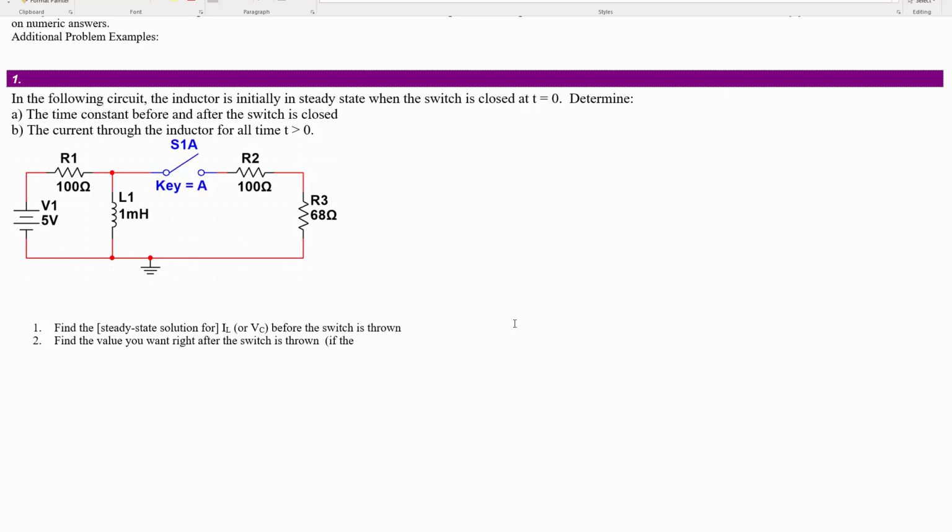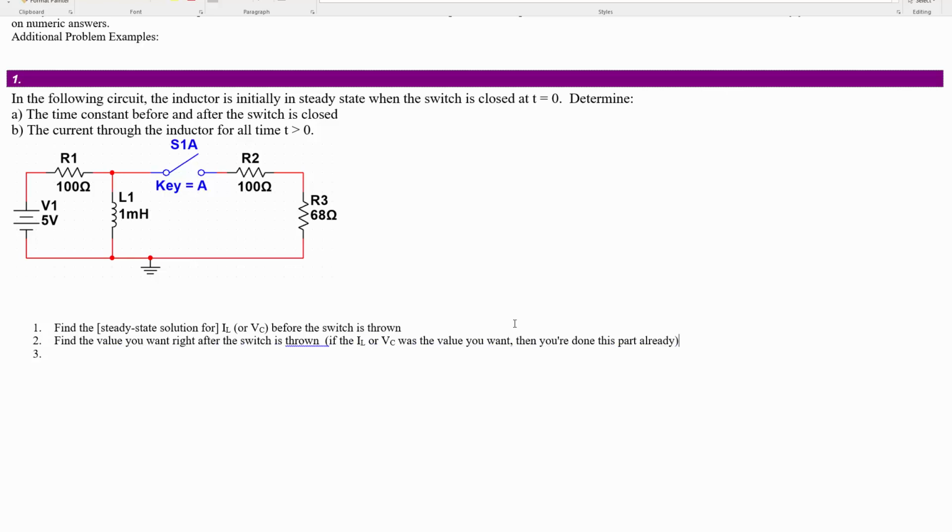If the IL or VC was the value you want, then you're done. You're done already from the first part.